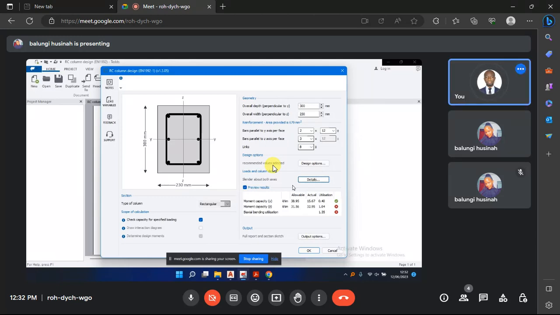Engineer, what can we do? Increase the geometry or the bar sizes.